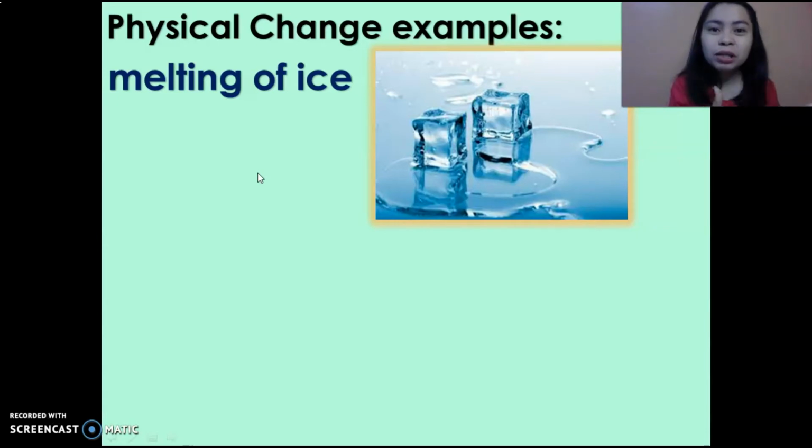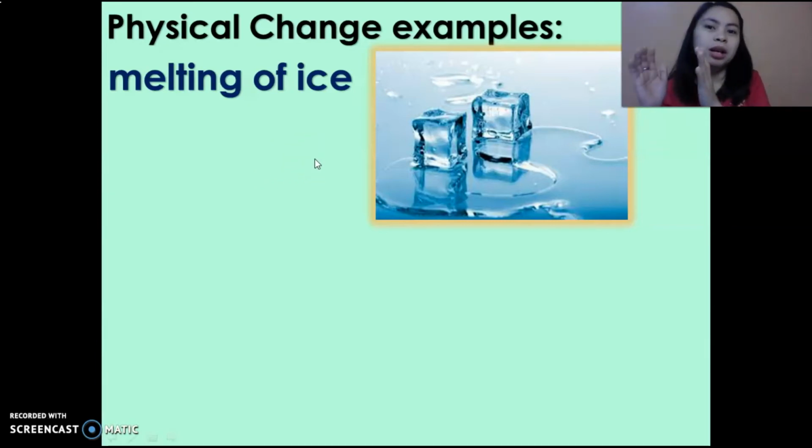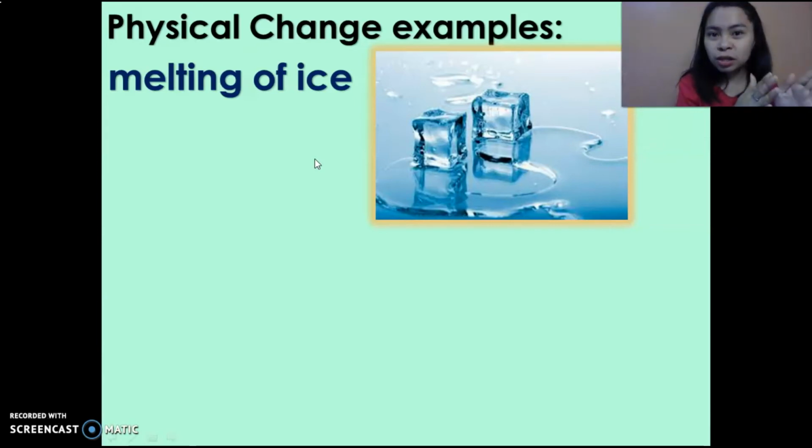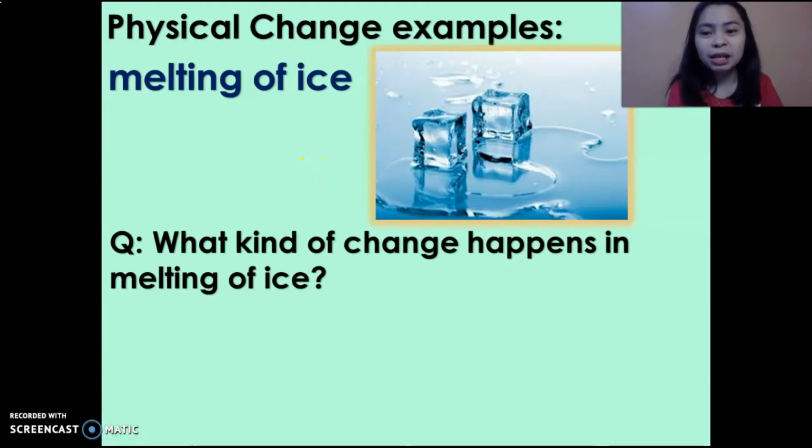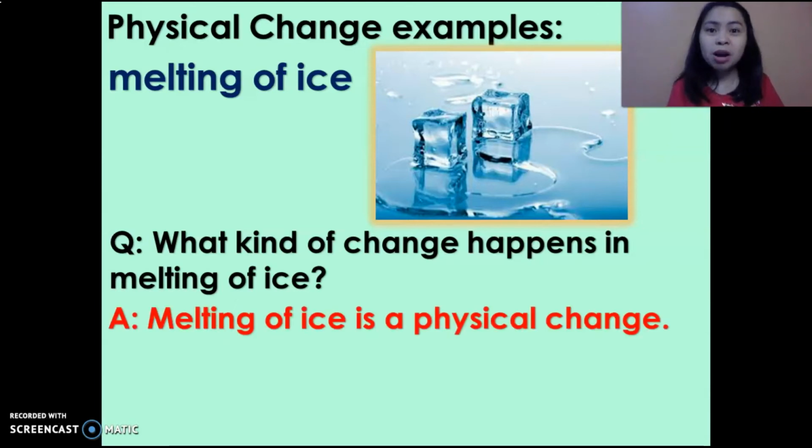And water is liquid. Correct. So the change from ice to water, or from solid to liquid, is a physical change. So our question would be, what kind of change happens in melting of ice? I will ask the question and you will answer. The answer would be melting of ice is a physical change. Can you do it with me?